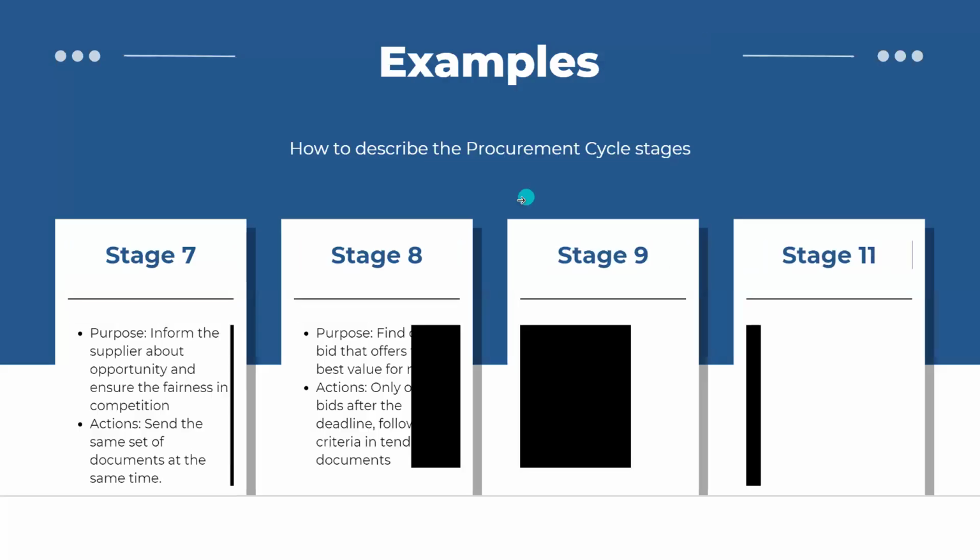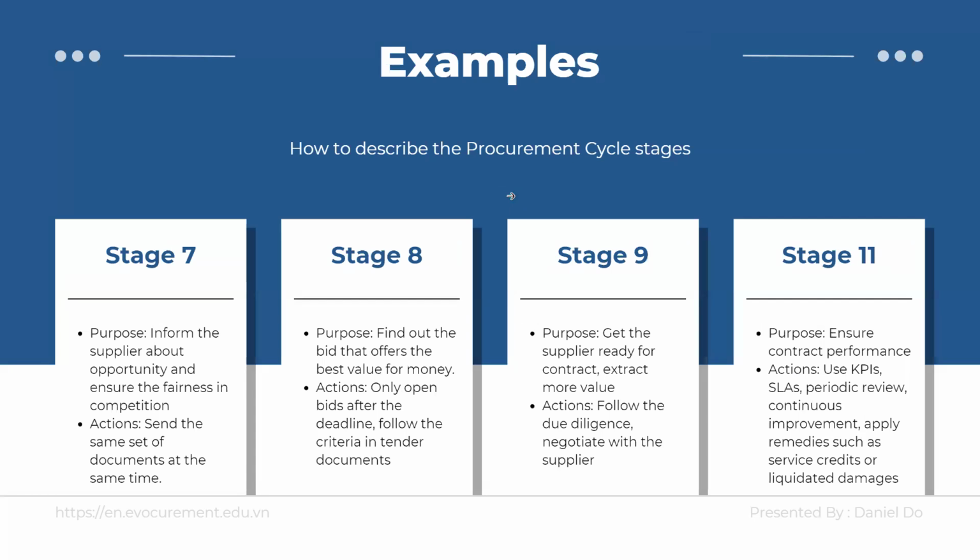Furthermore, with each stage, remember that you need to write about the purpose, the connection with the scenario, and the activities that procurement needs to undertake to deliver the result. Okay, so that is question number one about the procurement cycle.